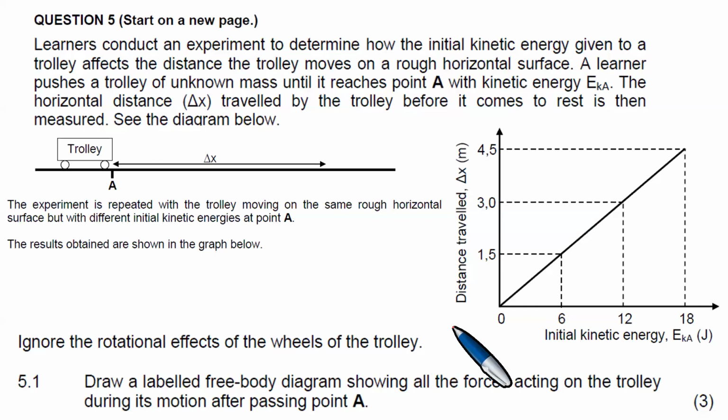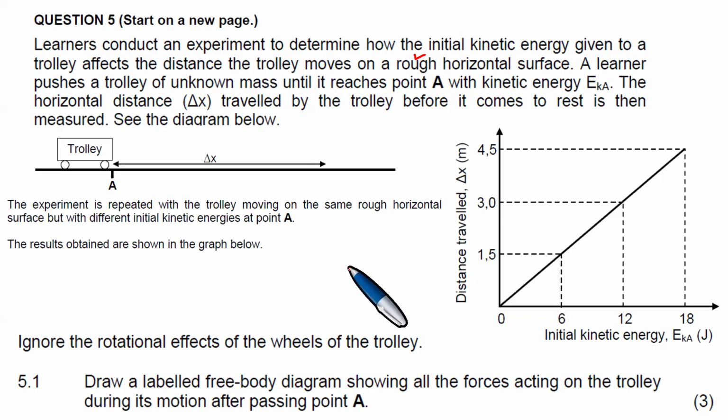Now, this then pushes the trolley of known mass and reaches point A with kinetic energy EKA. Right, the horizontal distance traveled before it comes to rest is measured there. Now, there are a couple of things that are very important. There is a rough horizontal surface, meaning therefore there is friction.